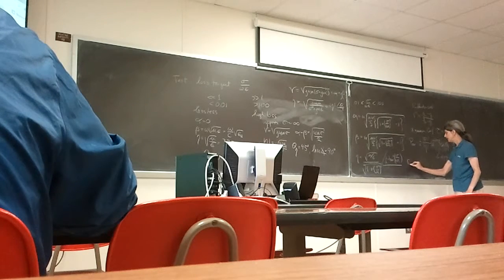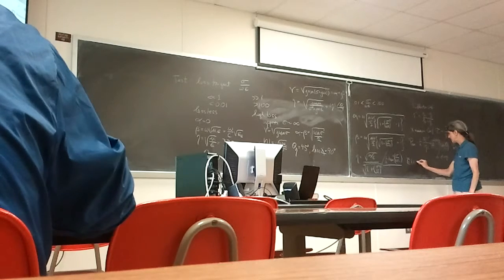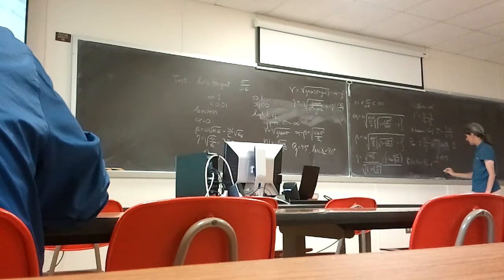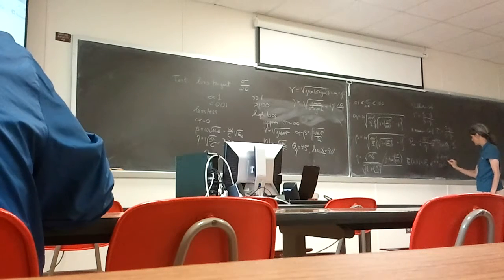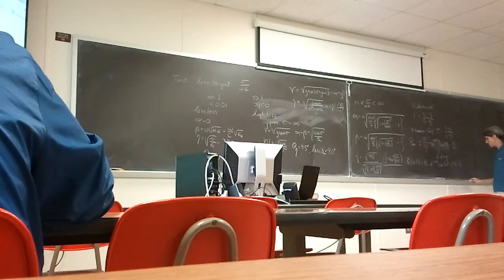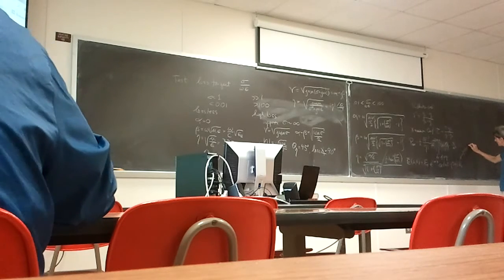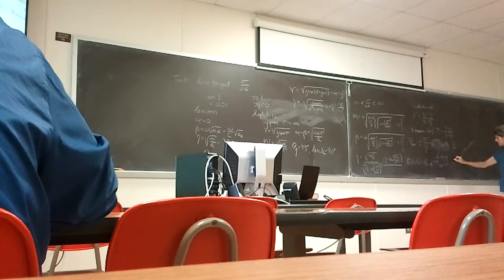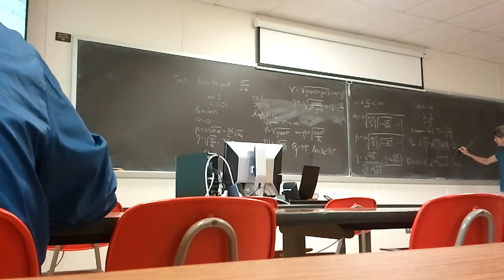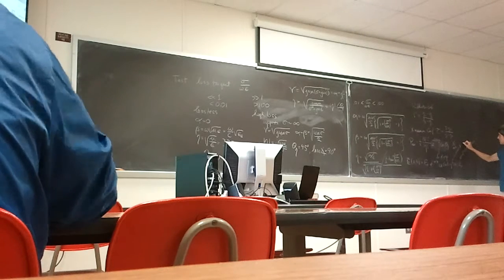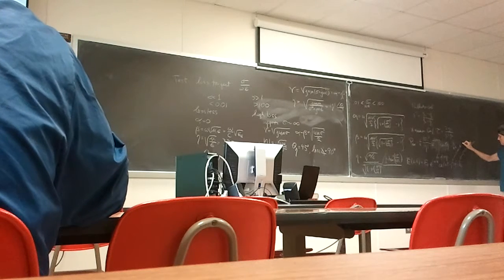E of Z and T, some magnitude. This is the polarization, the direction of E. This is the wave number, or it's one over wave one.